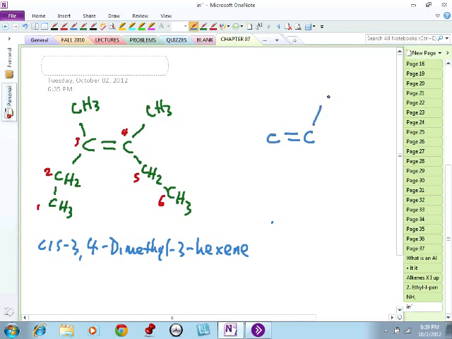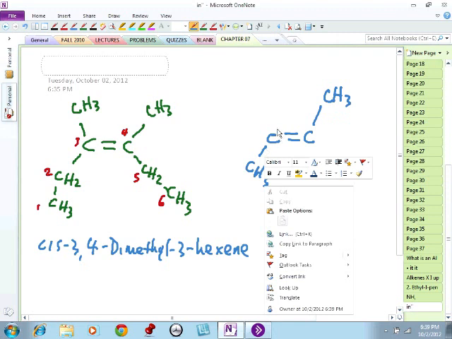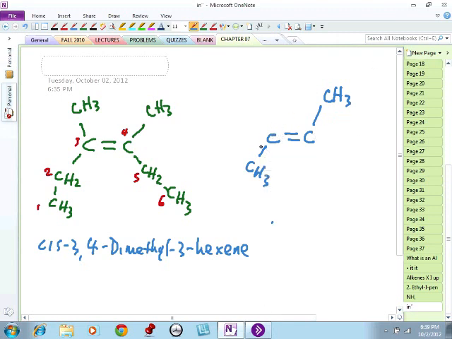We could now say this methyl could be here, and this other methyl could be here, right? And then this is here, and then this is here.